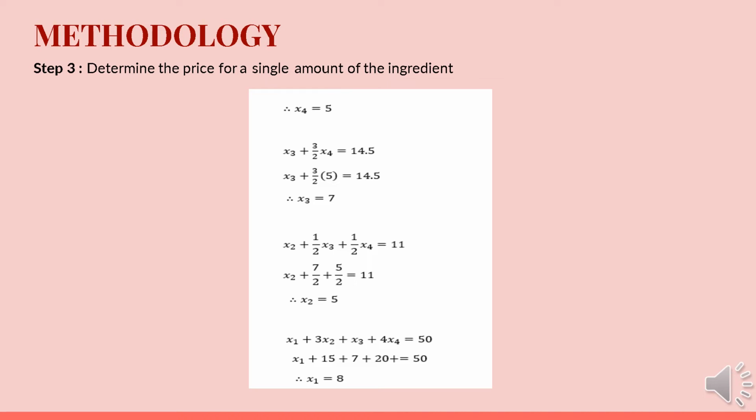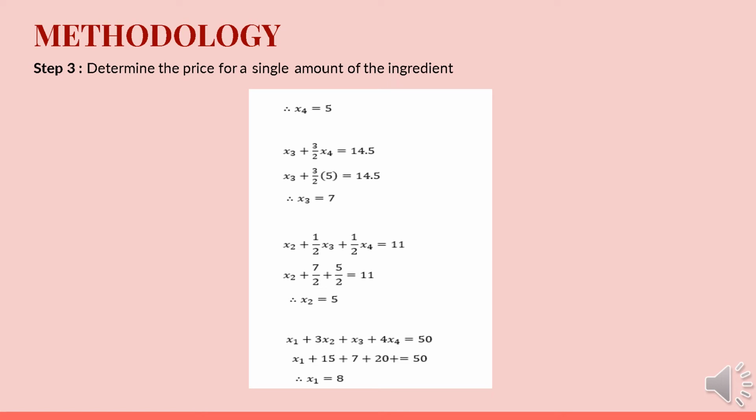From row 2, we've got x2 plus 1 over 2 x3 plus 1 over 2 x4 equals 11. Then we substitute our data into the equation. We get x2 plus 7 over 2 plus 5 over 2 equals 11. And we will get our x2 equal to 5.